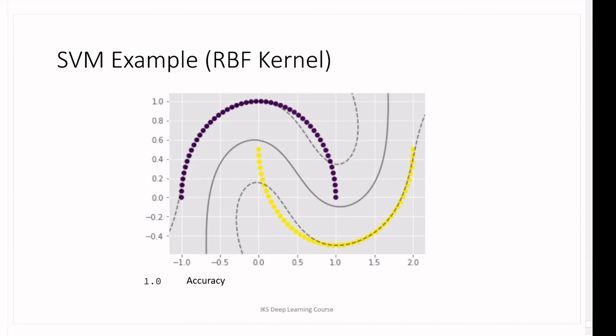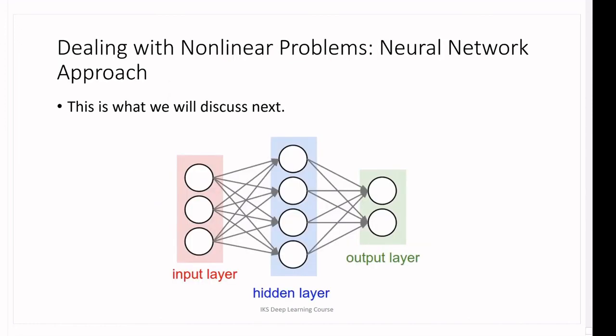So again, there's a lot of literature on kernel methods, and a lot of people use them and they have been very popular. But in our case, we are progressing towards deep learning. So what we want to talk about is another way of dealing with nonlinearities, and that is using the neural network approach.